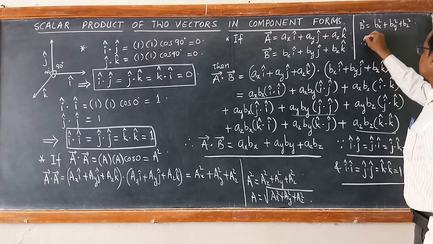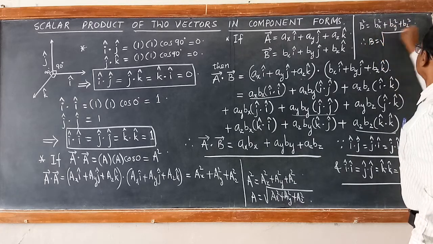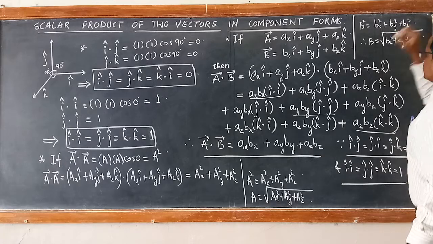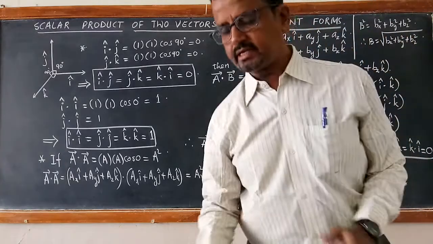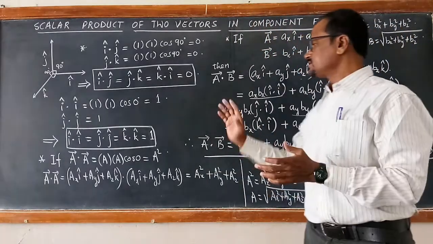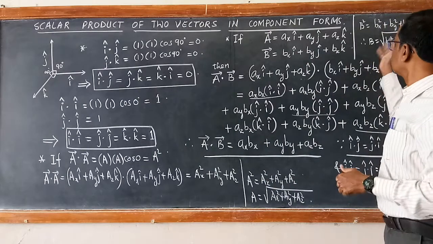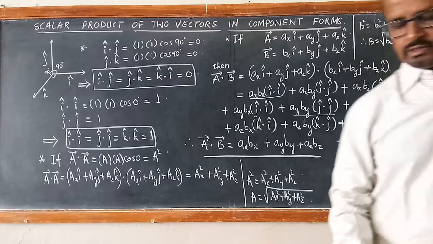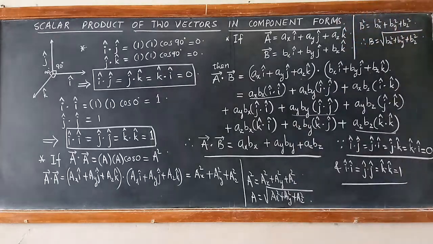As a result, we get b equal to the square root of bx square plus by square plus bz square, which we have got as a result earlier also. So using this dot product, it becomes very simple to get the result. Now based on this, we will solve some problems.